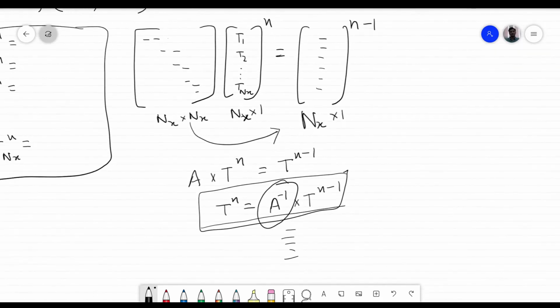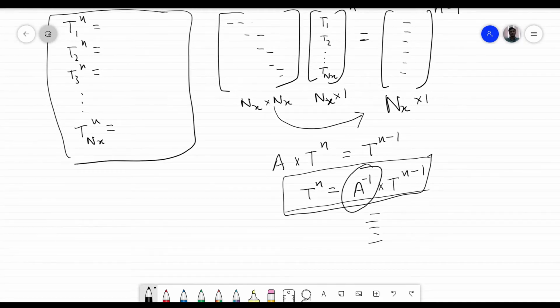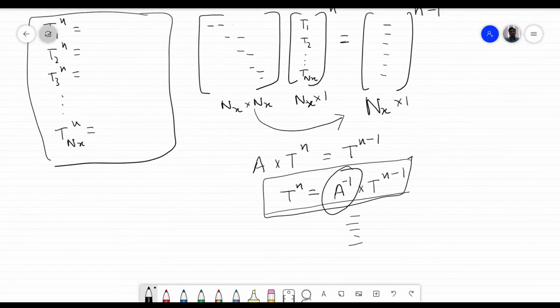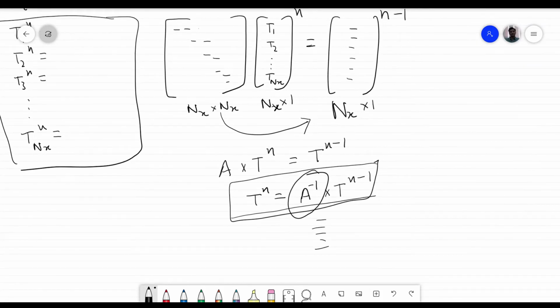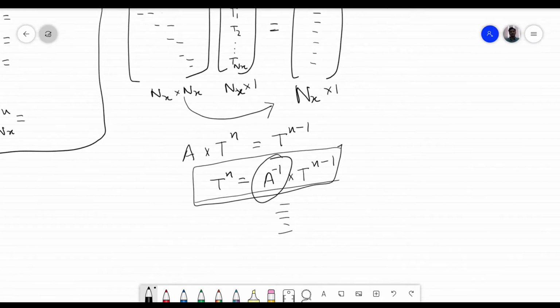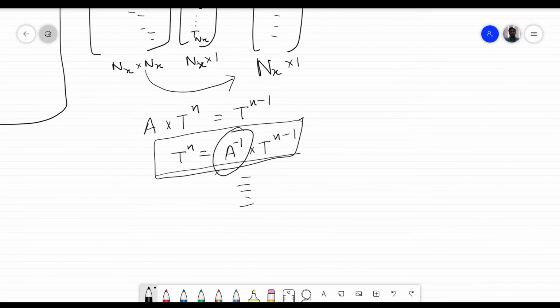You can see that if the number of points increase, nx increases, or if this problem is in 2 dimensions or 3 dimensions, this will be a very large matrix, A inverse, or A itself. So it becomes very time consuming and very memory intensive also to calculate inverse of a matrix.